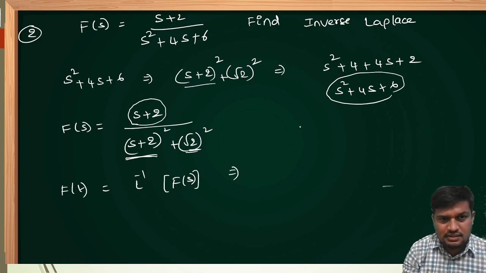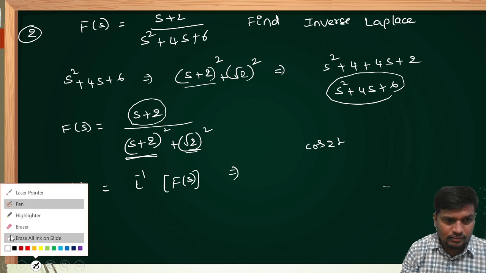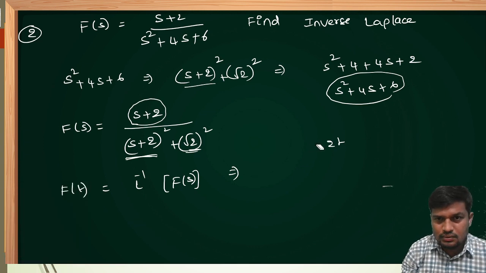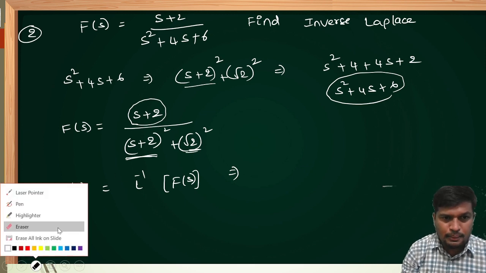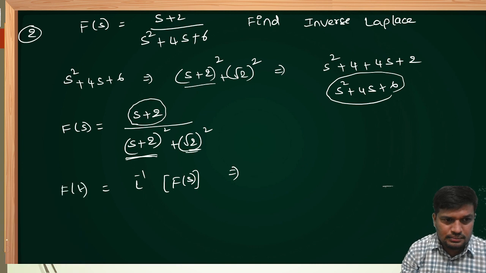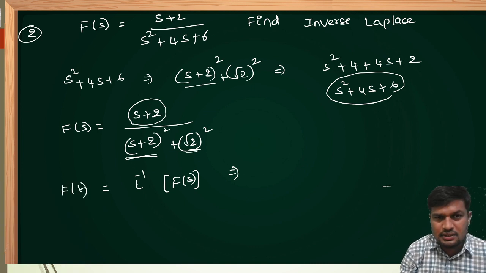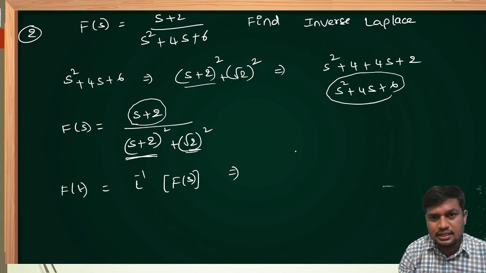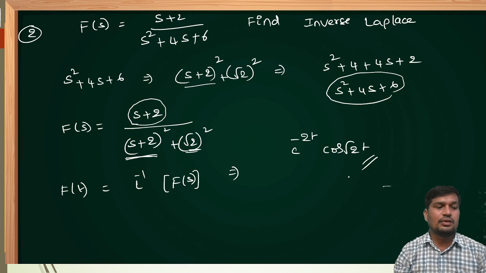The inverse Laplace of (s plus a) upon (s plus a) whole square plus b square is e power minus at into cos bt. So here, e power minus 2t into cos root 2 into t. This will be the solution.